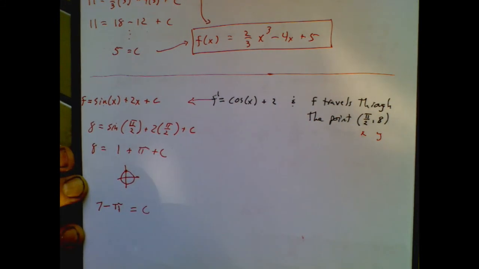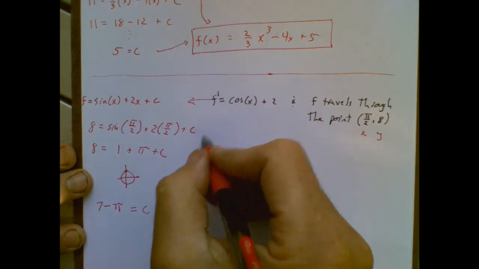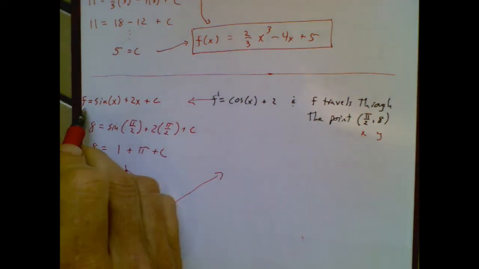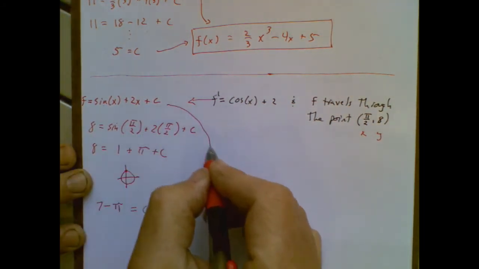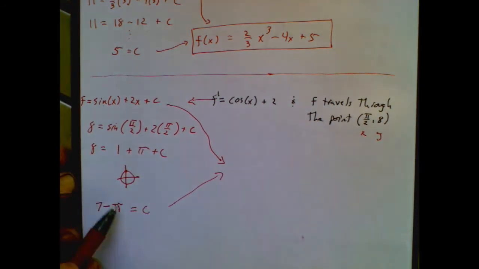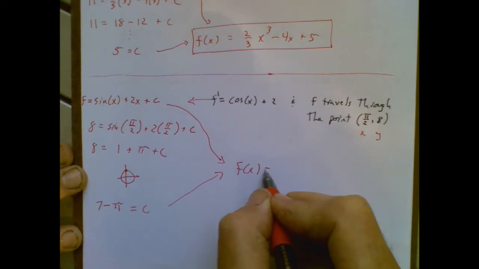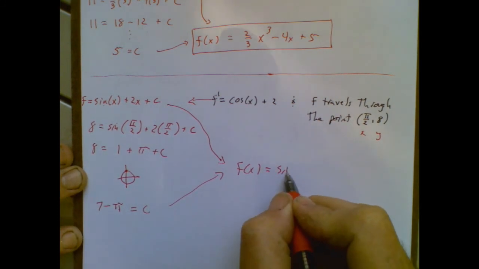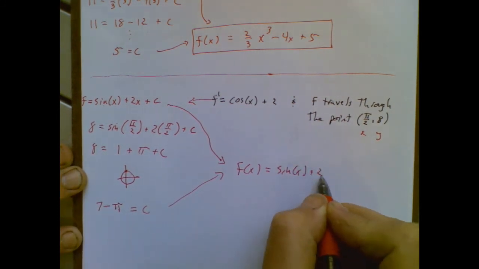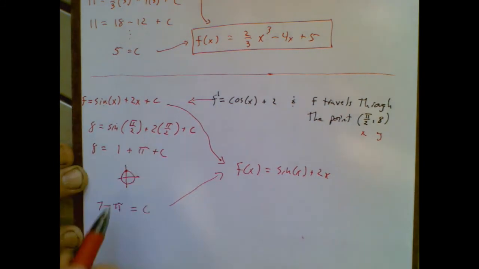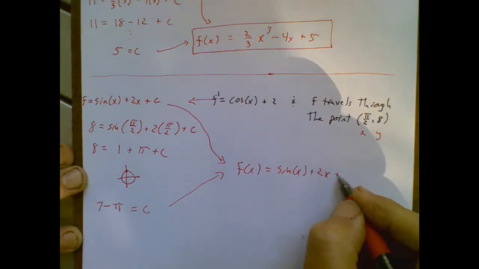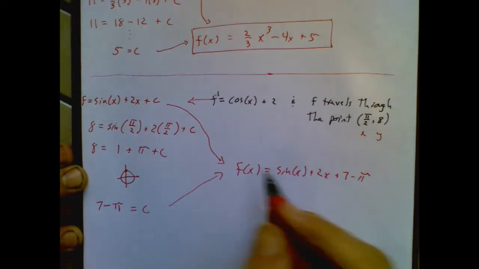Keep it on your side. I've got my c. So that means the combination of this initial antiderivative and my good work finding c, my plus c is 7 minus pi. Ta-da!